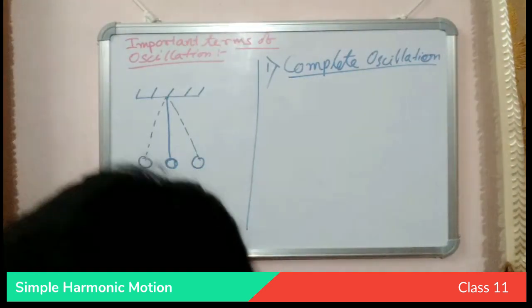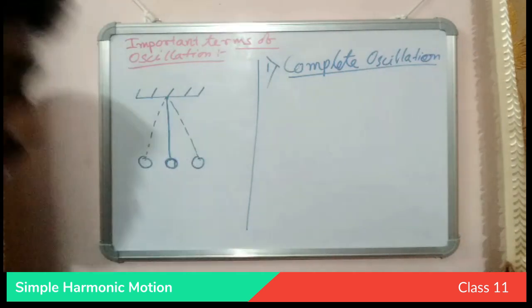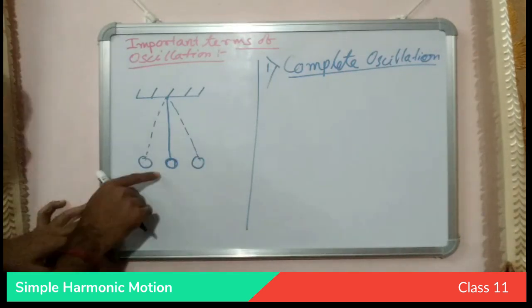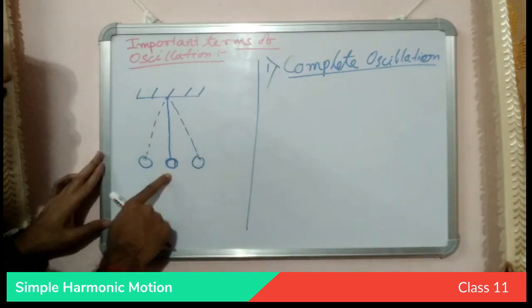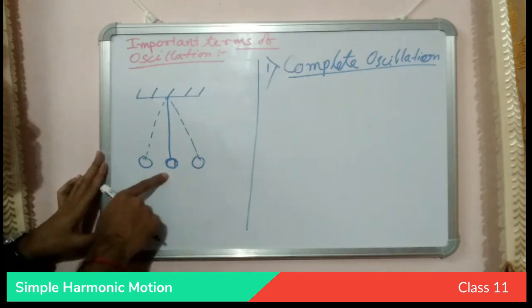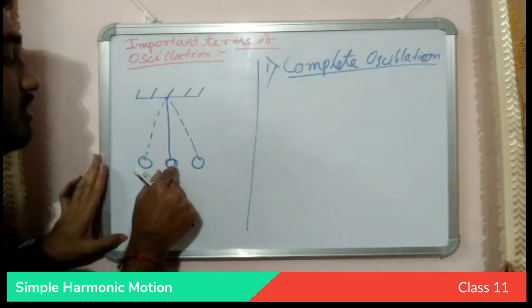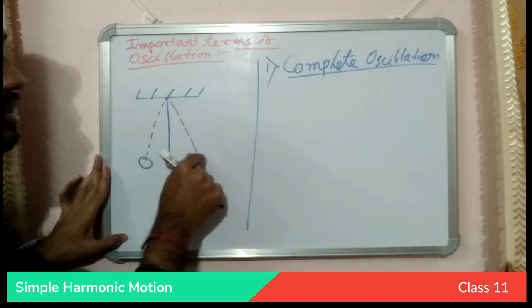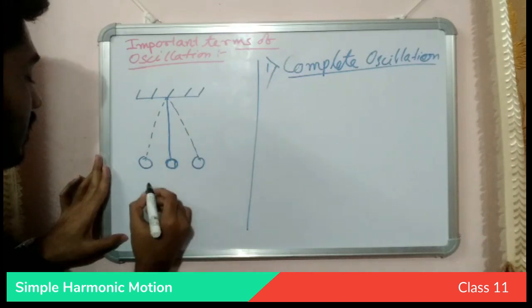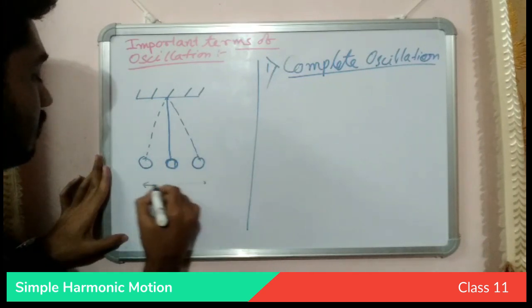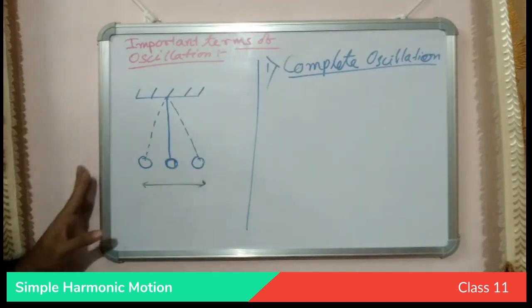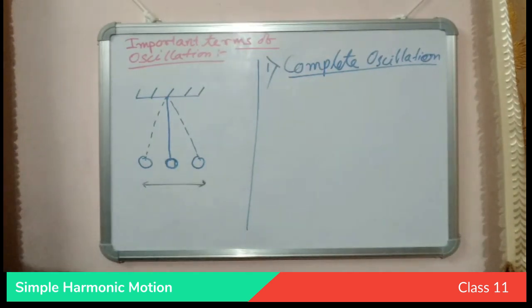So what is a complete oscillation? When we give a little force to this static pendulum, the pendulum will start vibrating, or oscillating, in this way, to and fro.